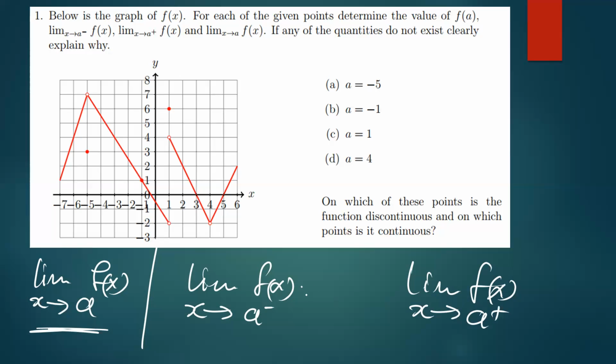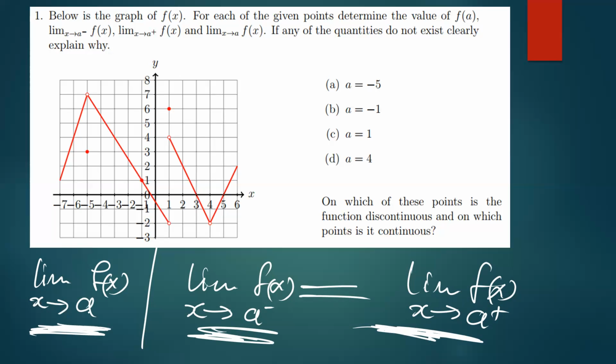If the left-hand side is equal to the right-hand side, then you can conclude that this limit exists. But if these two sides are different, you have to say the limit of f of x as x approaches a does not exist.